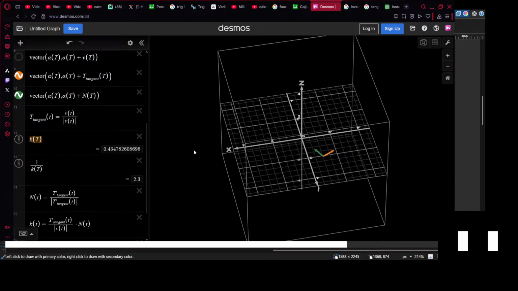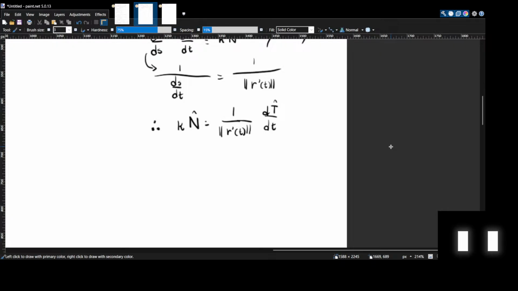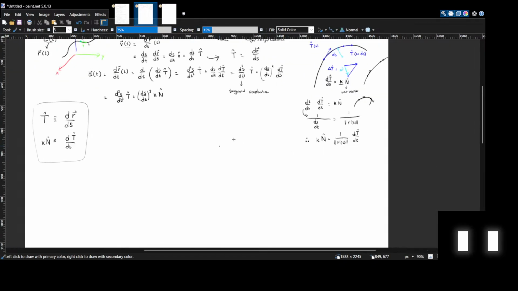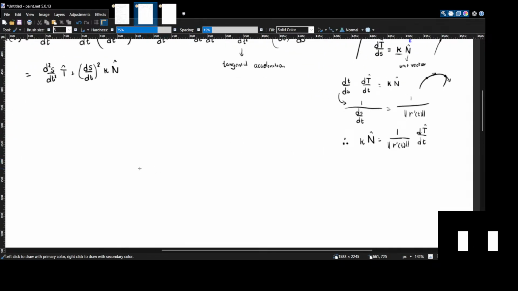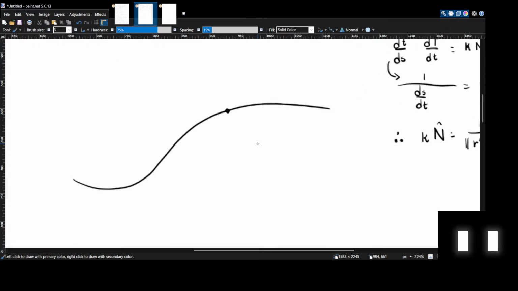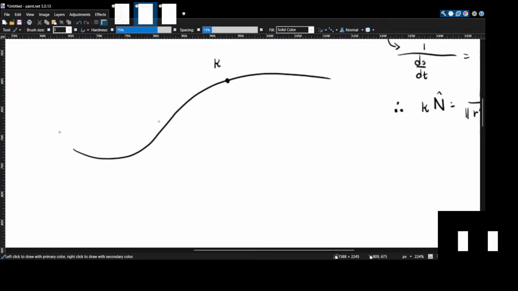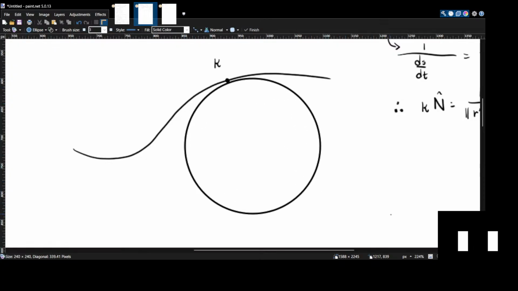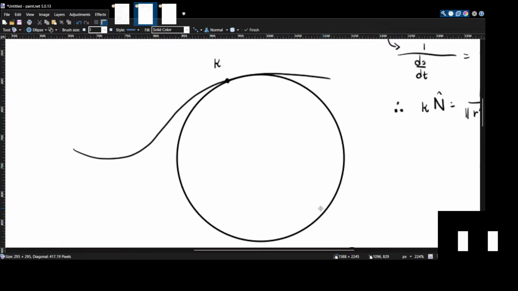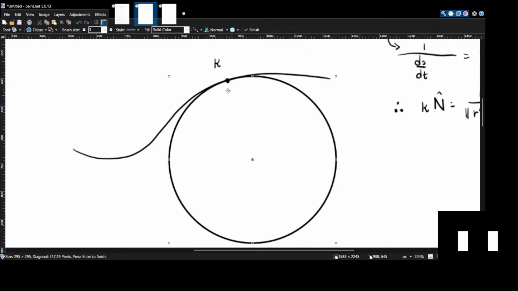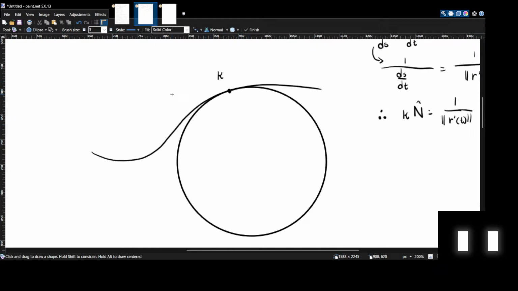Does that make sense? Yeah. The curvature is the reciprocal of the radius of curvature, which means if we have some curve and we want to find the curvature kappa at this point, we can draw a circle that, assume this is perfect, perfectly follows this curve.